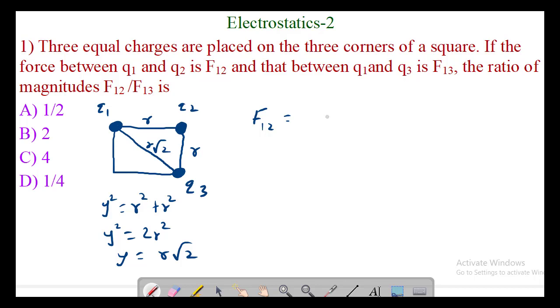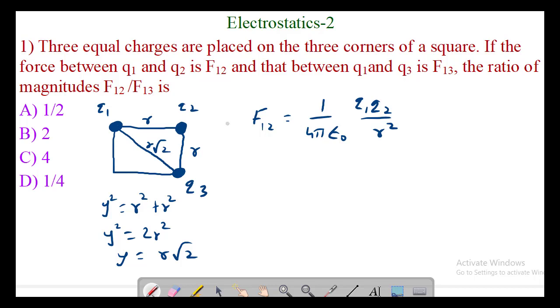We ignore the negative and positive signs and just write the magnitude. The force between Q1 and Q2 is F12, and we use Coulomb's law: 1 upon 4 pi epsilon 0 Q1 Q2 upon r square.